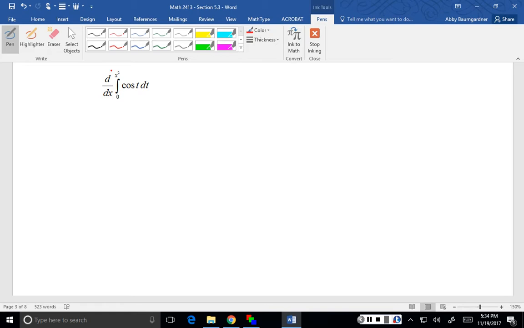Okay, I am going to rewrite this just for grins. I'm going to put a little parenthesis in here. So I've got a parenthesis, and then I'm going to put one in here as well.